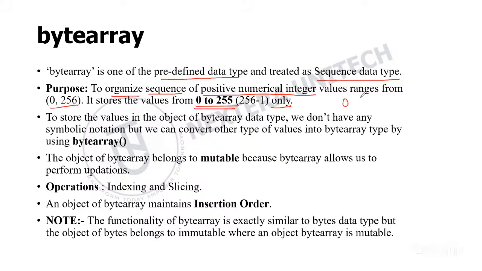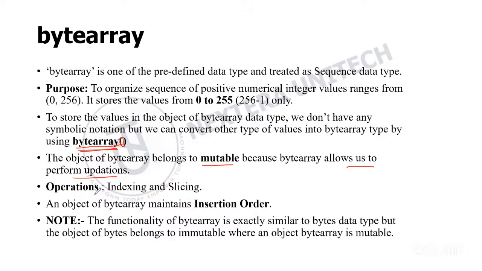To store values in objects of byte array data type, we don't have a symbolic notation, like for string we have apostrophes, for list we have square brackets, and for tuple we have parentheses. So directly you cannot do it. You can use the bytearray function to change any list or tuple to your byte array data type. Byte array is mutable because it allows us to perform updations or modifications.